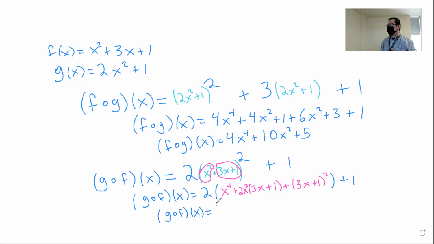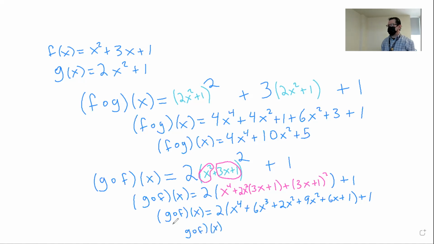This is going to be 2 times x to the 4 plus 2 times 3 is 6x to the 3 plus 2x squared times 1 is 2x squared plus 9x squared plus 6x plus 1 plus 1.